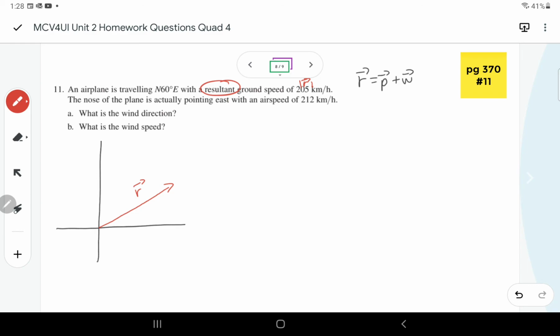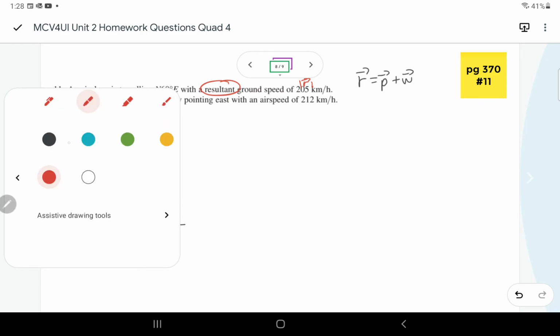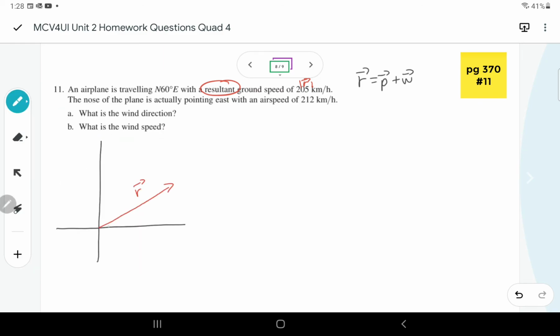The nose of the plane is actually pointing east with an airspeed of 212. So the plane is actually going straight east. And we want to figure out what the wind is. How much is the wind pushing it?